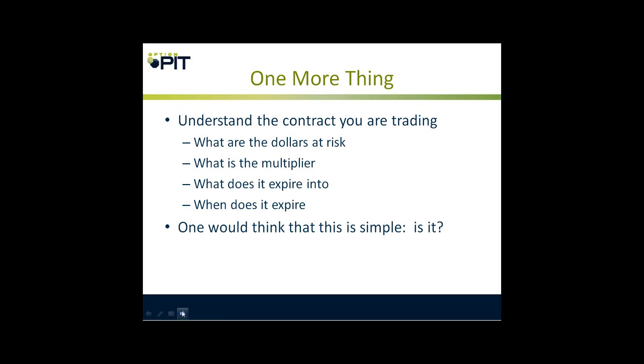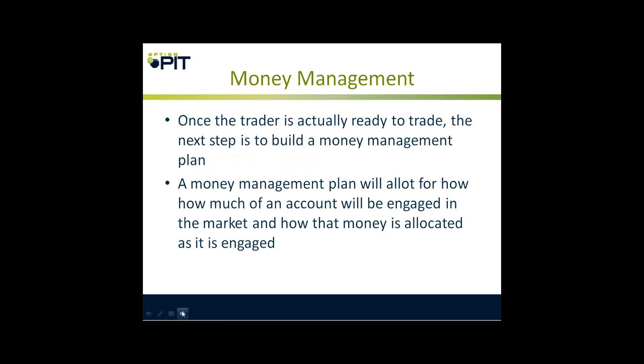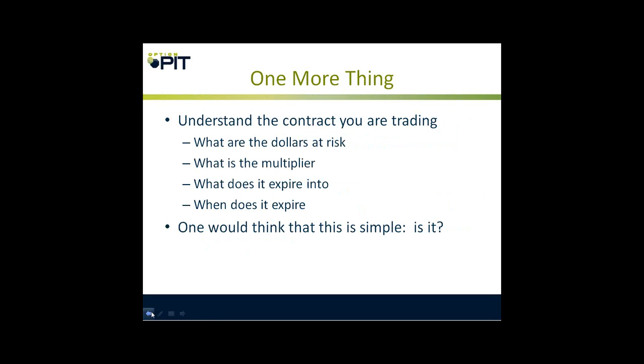They don't even know what their option expires into or when it expires. It is crazy. One would think it is simple, but it is not. You would be surprised. Lots of people trade gold. How many troy ounces is a gold future?